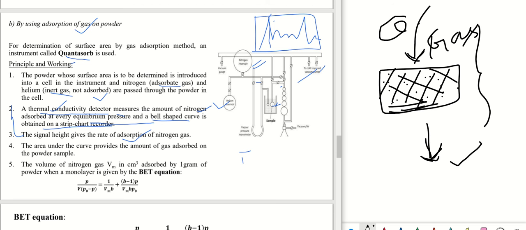This peak represents the rate of absorption, and the area under this peak represents the amount of gas absorbed on the powder sample. This is actually a sophisticated technique where we will be getting accurate results. The rate of absorption can be read from the peak, and the amount of gas absorbed can be obtained from the area under the curve or under the peak.